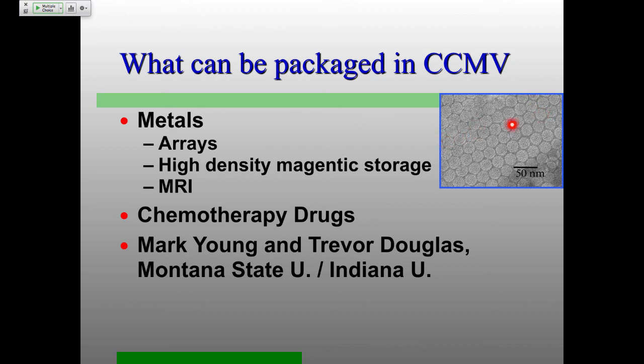They're nicely packaged. In this case, you can get really nice monolayers of virions. You can blast away the organics and just end up with the metals. And if these are magnetic, you can actually use these just like you would for some kind of storage array, like a hard drive, for instance.